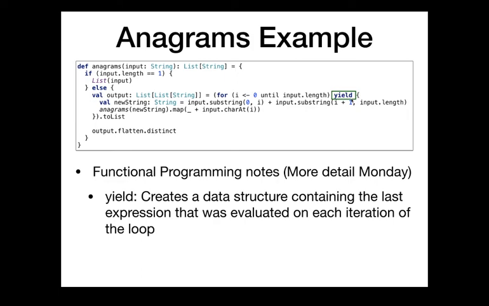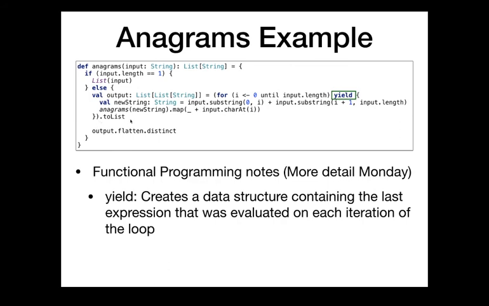And it's going to try to match the type of the data structure that you're iterating over. I'm iterating over a range. It's going to try to put this in a range. It's going to be unsuccessful because my last expression is a list of strings. So it's not going to work.